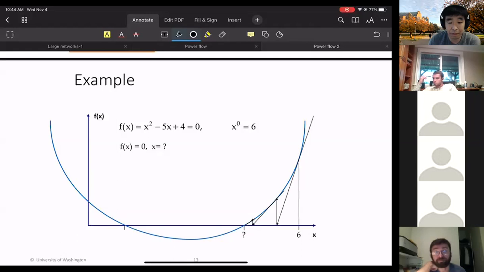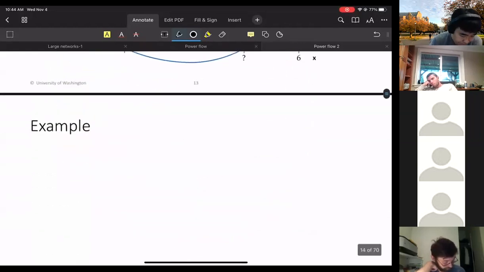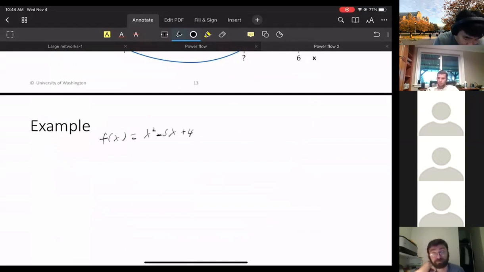Let's say we start at x0 equals 6, do some iterations, and see what we recover. Here f(x) equals x squared minus 5x plus 4, and x0 is 6.